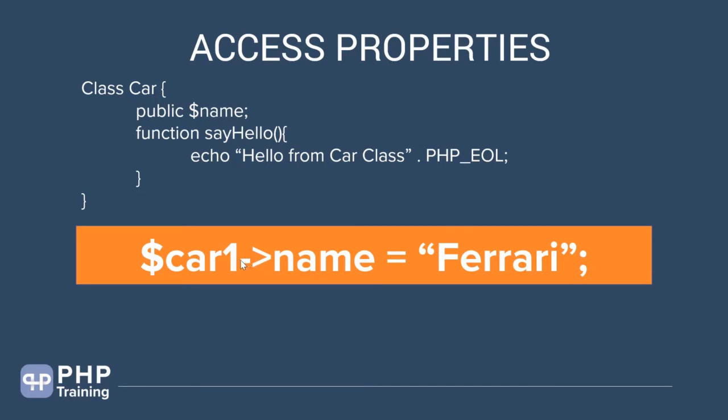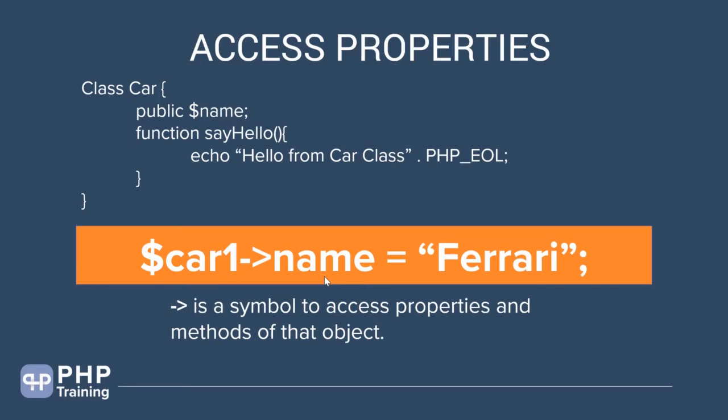You have a dash and a greater than symbol, and then you specify the property, and that property doesn't have a dollar sign here. Remember that there's only a dollar sign at the start, there's no dollar sign afterwards. You access that property and you assign a value to it. It's as simple as assigning a value to a variable. Here you basically use an object to access that property and assign a value to it. So this symbol, dash and greater than, is the same symbol used to access the property of a class.